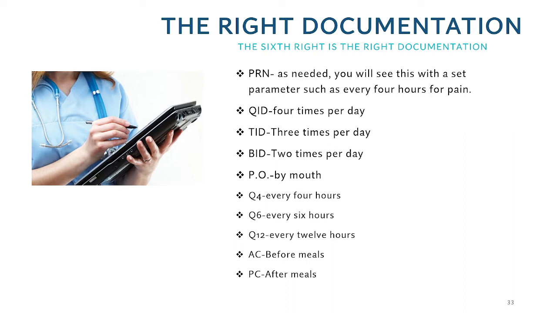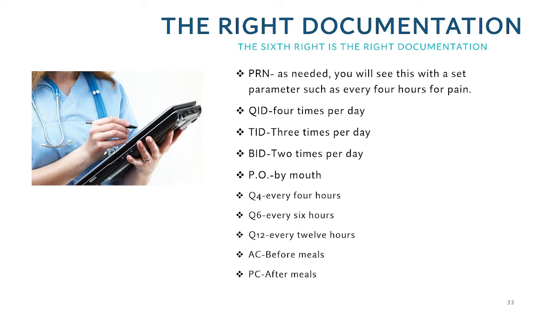Q4, this is another popular one that you might see. The capital Q stands for hour. The number is the frequency. So you might see an order that says albuterol Q4 inhalation. So that means we're going to give an albuterol medication.